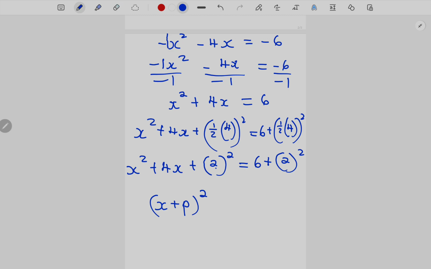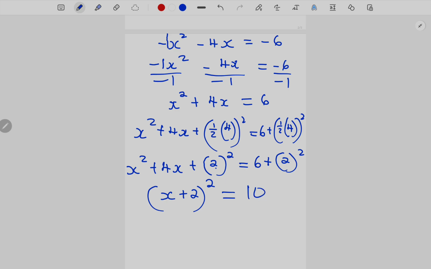It means we're going to open up only one bracket. So it's going to be only one bracket with x plus 2, all squared, is equal to, then on the right hand side, 6 plus 2 squared, which is 10.